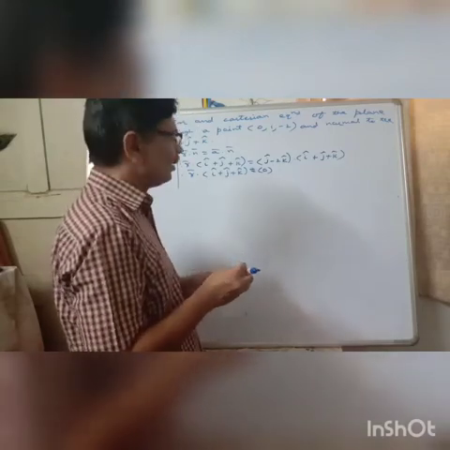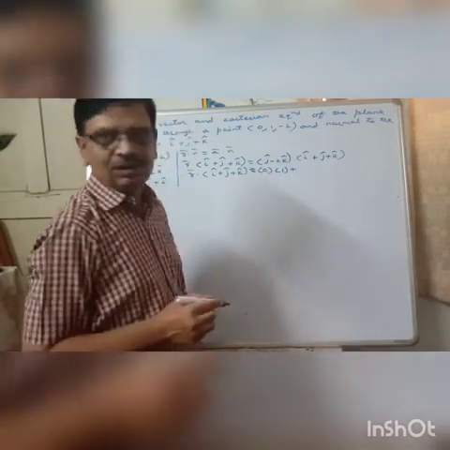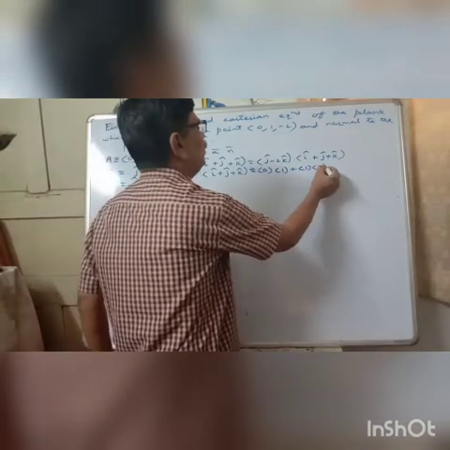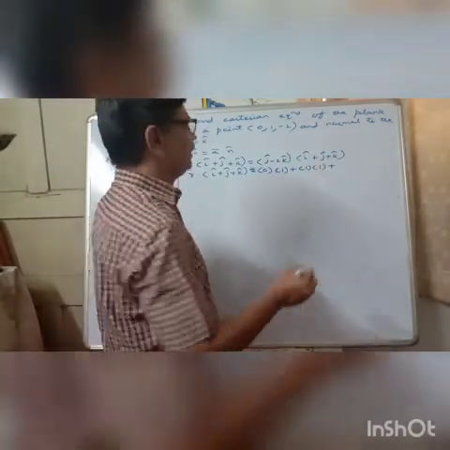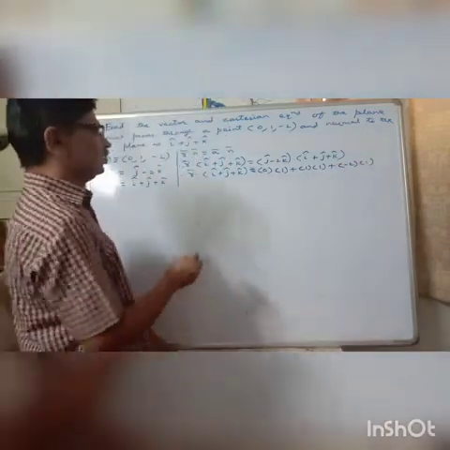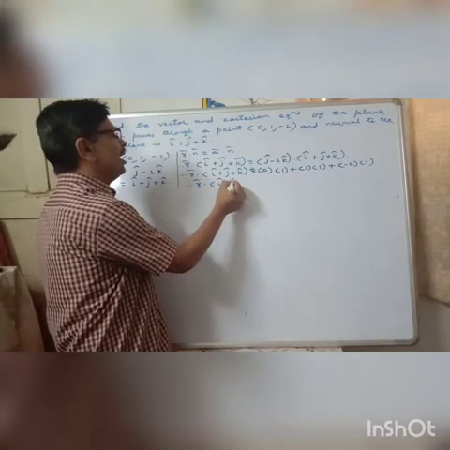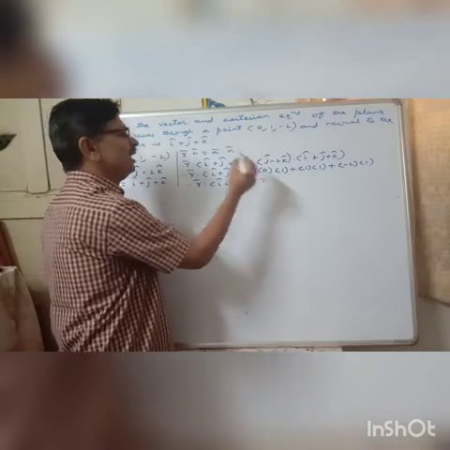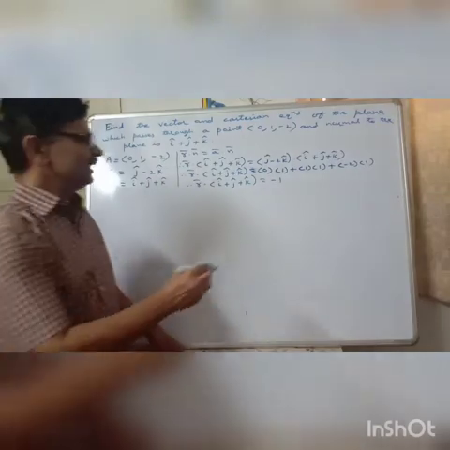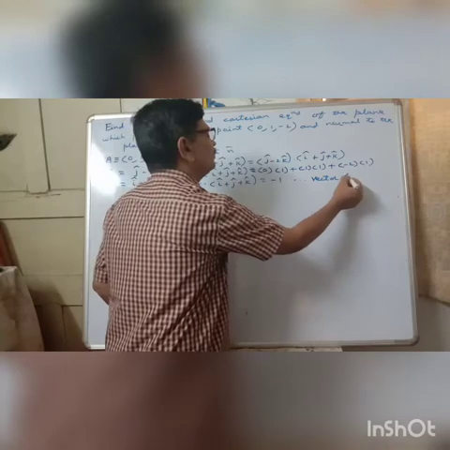In second bracket, coefficient of i 1, plus product of coefficients of j 1 into 1, plus product of coefficients of k minus 2 into 1. So LHS as it is, r bar dot in bracket i plus j plus k equal to 1 minus 2, minus 1. Now this is equation of plane in vector form.